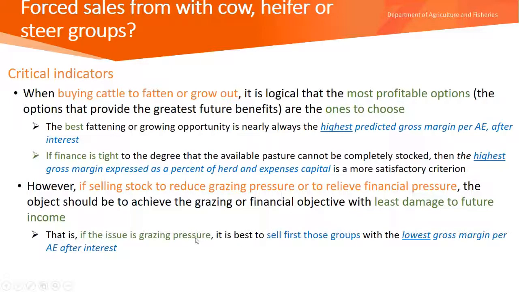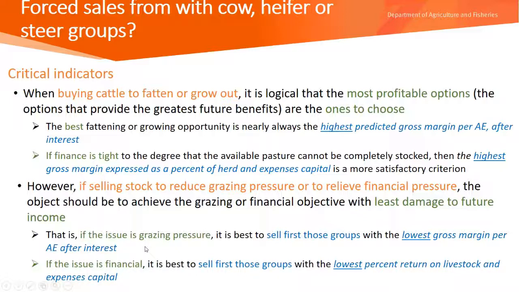That is, if the issue is grazing pressure, so we've got too many cattle and need to reduce, it is best to sell those groups first with the lowest gross margin per AE after interest, the lowest compared to the highest. So if we've got to reduce grazing pressure, sell those groups with the lowest gross margin per AE after interest. And we'll talk about why that's important.